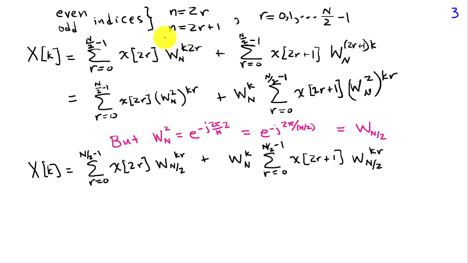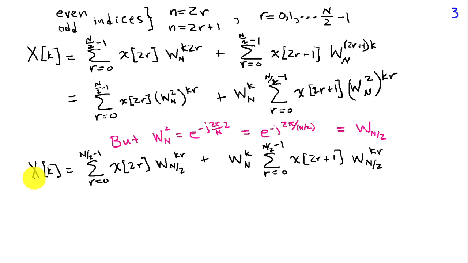The trick here now is to recognize that W_N squared is the same as W sub N over 2, because I can take the 2 from the numerator here, put it in the denominator, and divide N by it, have the same expression, but that's W sub N over 2.